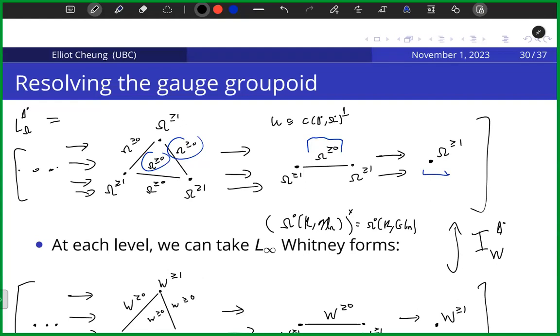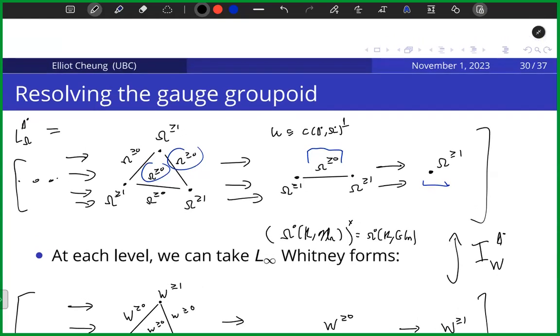Right. First of all, recall that these edges where you have omega 1, omega 1, omega 0, this is the degree 1 piece of this thing here. So the open set in the degree 1 piece is going to be intersected with the open set that makes this thing invertible.